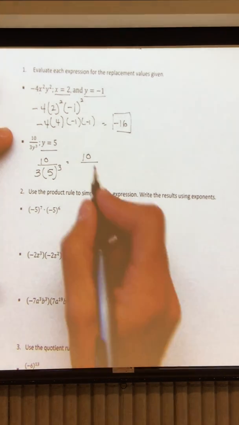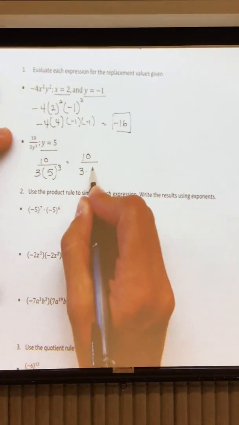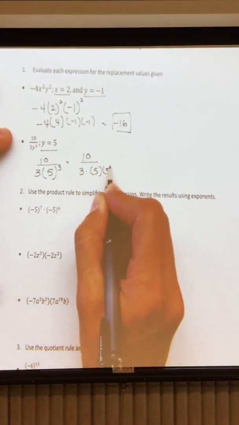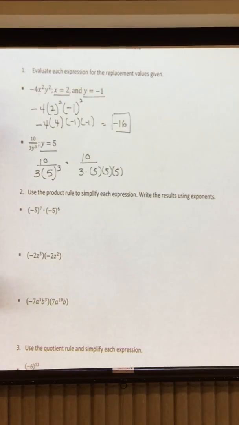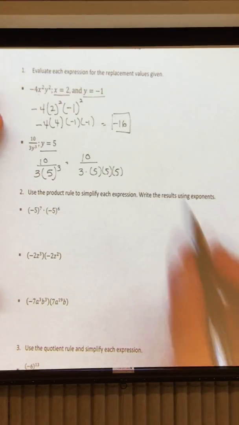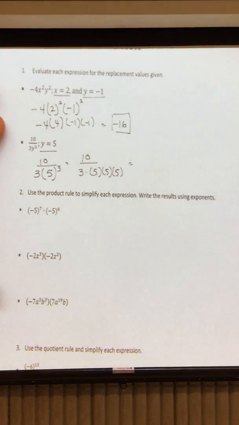So 5 cubed times 3, 5 cubed is 125, times 3 is 375.